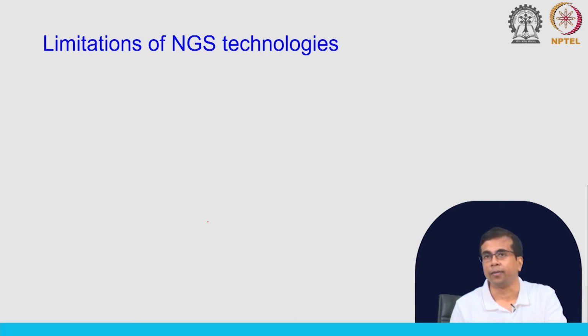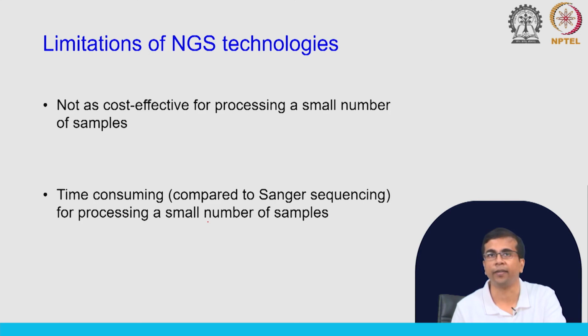There are a lot of advantages and benefits that we have seen from NGS technologies, but there are also some limitations which we can probably address. One is that it is not as cost effective for processing a small number of samples. This will probably not be a major problem as the cost of these technologies is going down. The second problem is time; it is very time consuming if you are processing a small number of samples, but then you can go through the Sanger sequencing route.